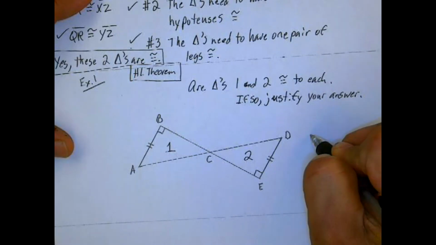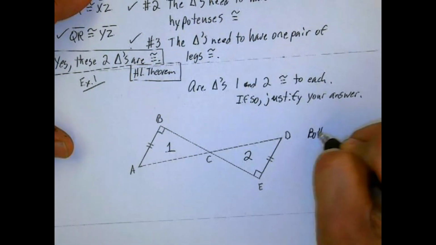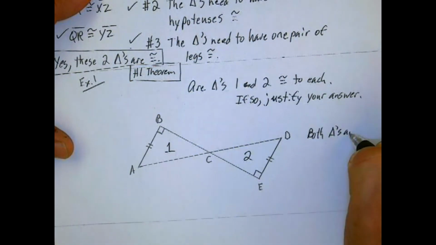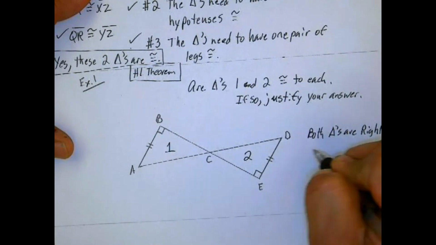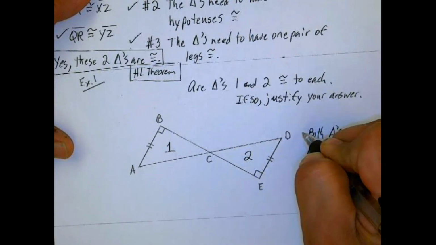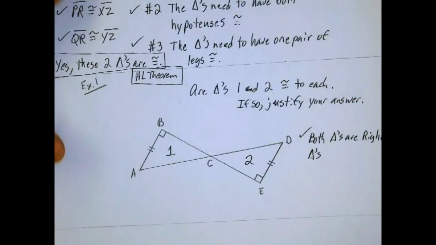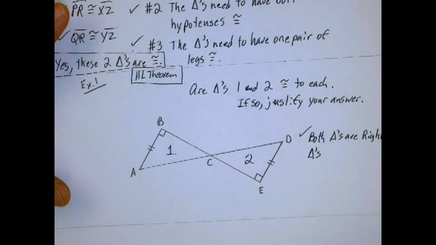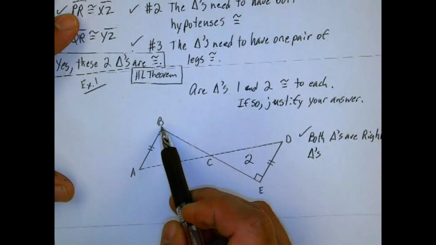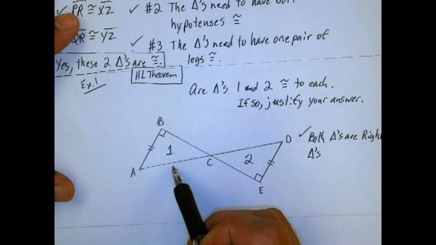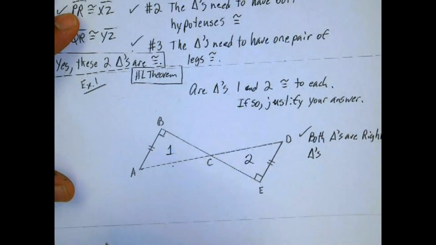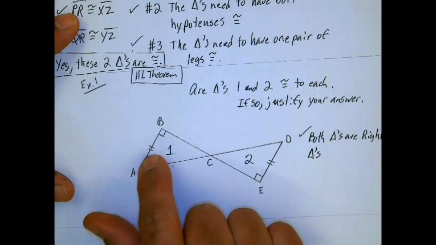Okay? So both triangles are right triangles. All right? So that's the first one. The second one is we need to have the hypotenuses congruent to each other. So the opposite of the 90-degree angle is AC. Now, it does not show that they are congruent to each other, but that's a double tick mark.